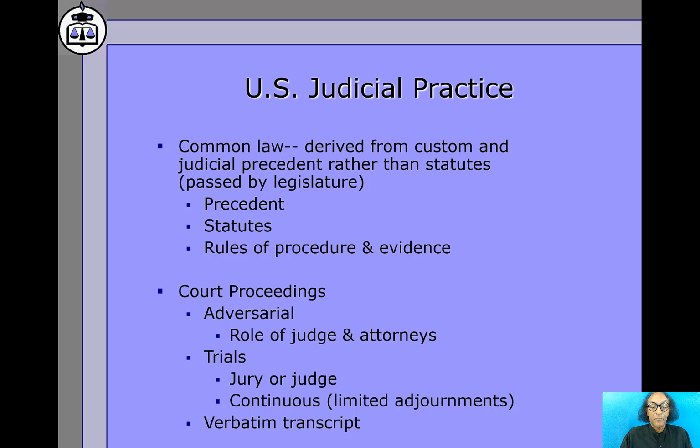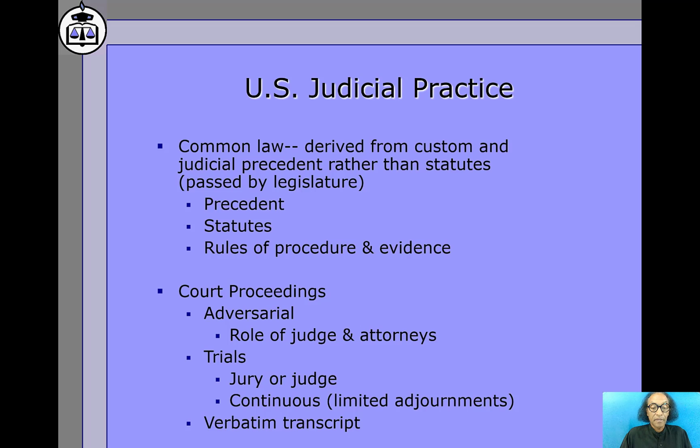The judges actually do not make law, only the legislature can, but the decisions they've made now serve as precedent for future cases. So if similar fact patterns arise, you can refer to an older case and say, because this case was decided in this particular way and this new case is similar to the old case, it should be decided the same way.